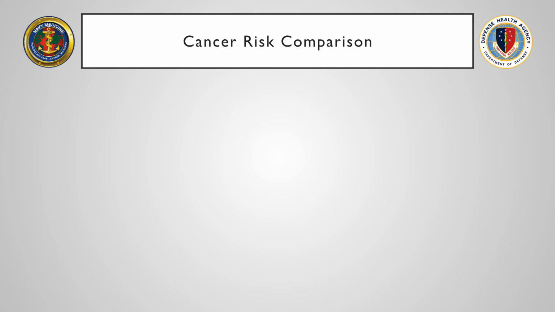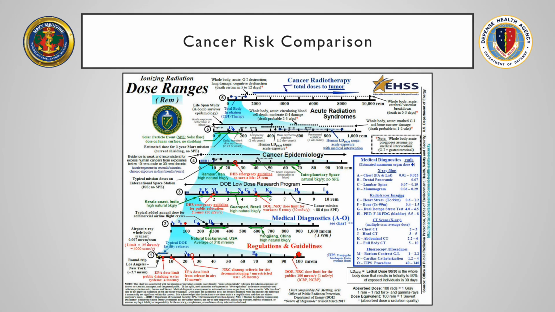This is a useful chart graphic produced by the Department of Energy. It's called the dose ranges chart. You can find it in rem or sieverts, but because I did the calculation in rem, that's the one I decided to use on the screen. Starting in the bottom right, it has a couple useful conversion factors, and it talks about the lethal dose, and then it goes above and talks about some medical diagnostic exams, what absorbed dose you would get from those exams.